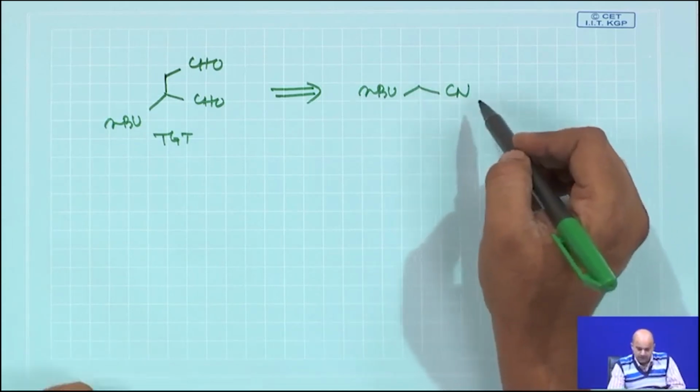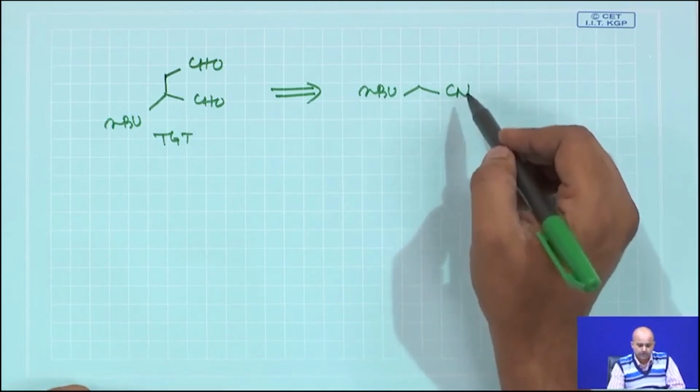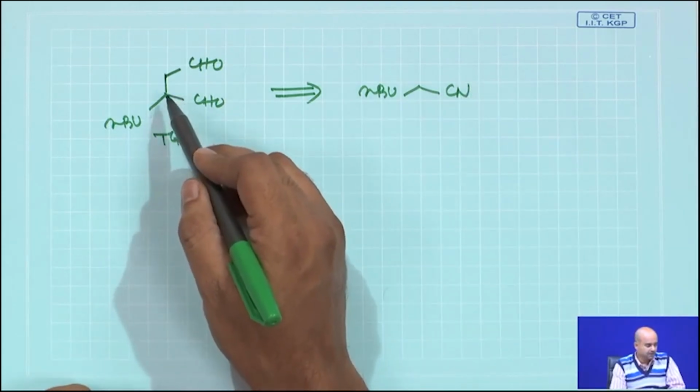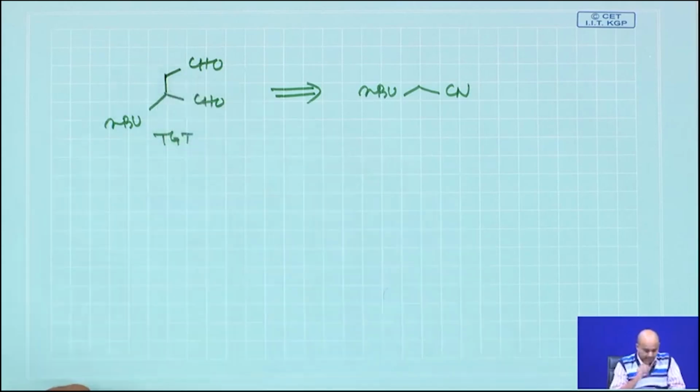Now, all of us know that nitrile can be converted to CHO, that is for sure, but then you need to introduce another CH2CHO group here.